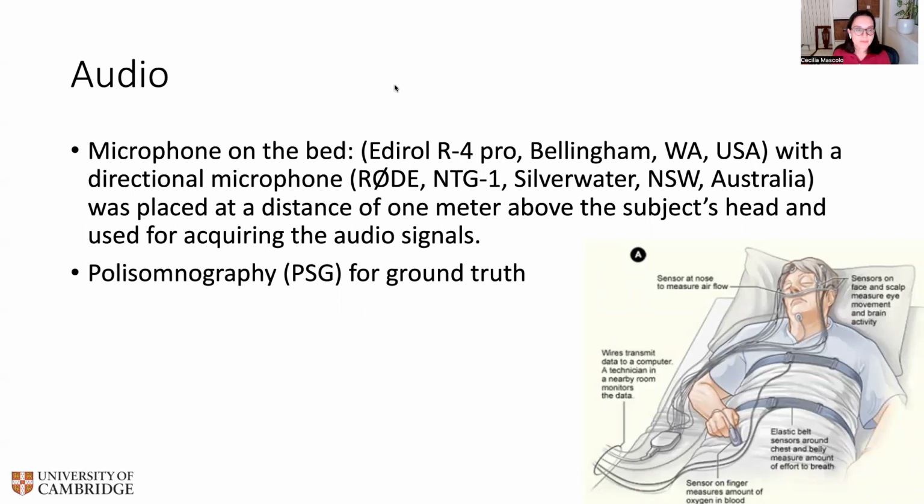the setup of the study is that the microphone is put on the bed, and here's a description of the details of the microphone. But also, how is sleep generally monitored in gold standard? I've hinted at this already when we talked about sleep apnea, and here is a picture that describes how the gold standard works.